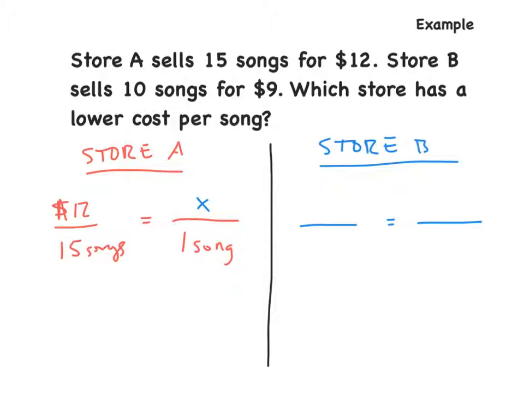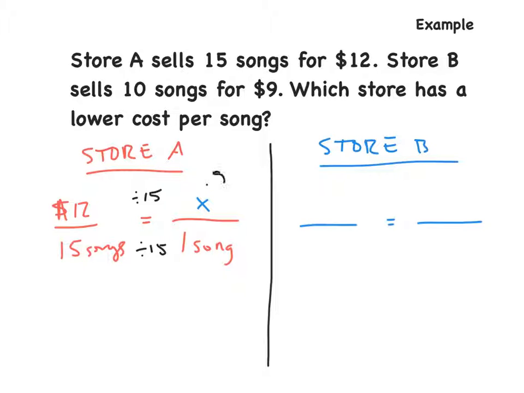So for store A, I set it up where it has $12 for 15 songs. I want to figure out how much it costs for one song. With this, I would divide by 15 in both the numerator and the denominator. So $12 divided by 15 is 80 cents.